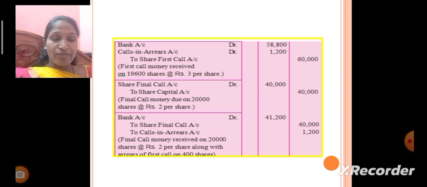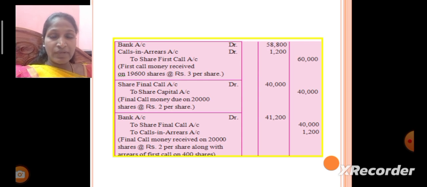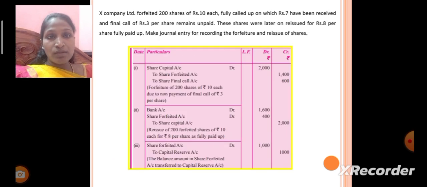For share final call, we have to receive 40,000. We have not received calls in arrears of rupees 1200 on the shares. So we have to deduct that amount, which should be posted in the bank entry. So the bank entry is bank account debit 41,200.